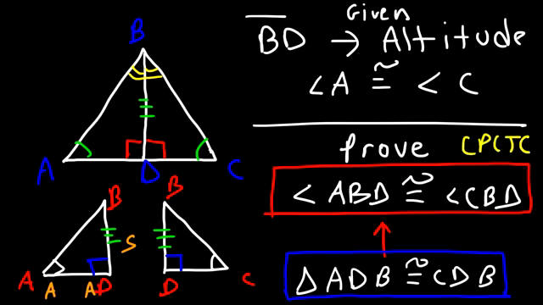Corresponding parts of congruent triangles are congruent. And so that would complete this problem, but you could set it up as a two-column proof if you want to. And using CPCTC, we can also say that segment AB is congruent to segment BC, or we could say that segment AD is congruent to segment CD.